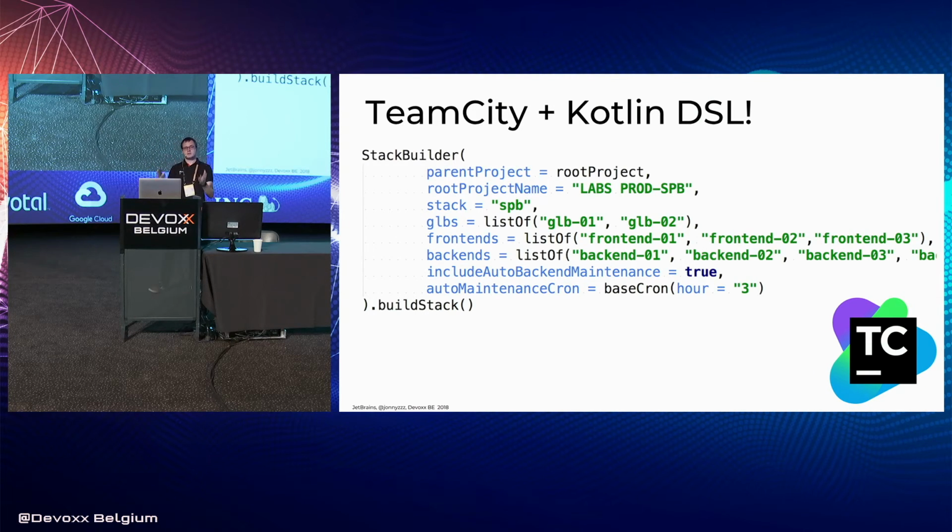And then we see the DSL. After I had this DSL generated for me by TeamCity, I refactored it in a way to avoid duplication. So now to set up a new stack, a new setup of my program, I only call this function again with different host names and stuff. And that was it.